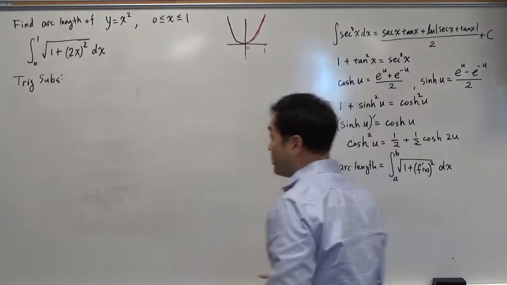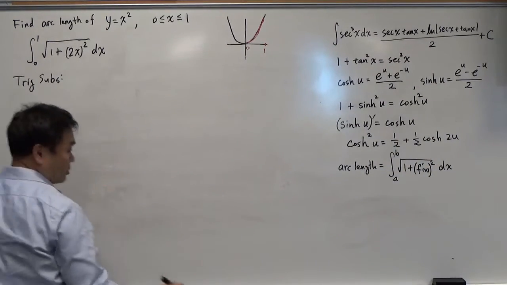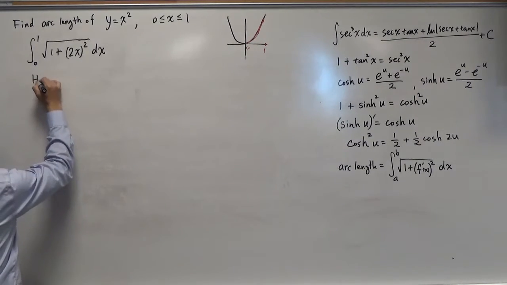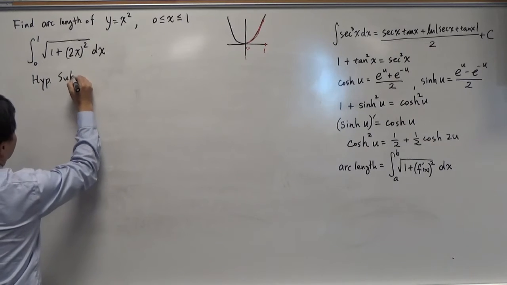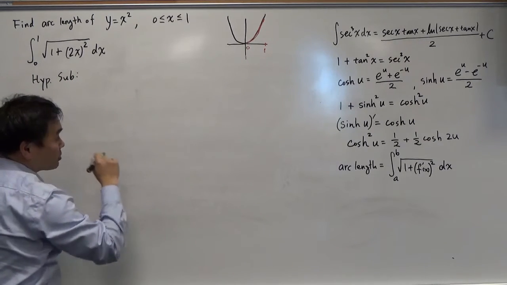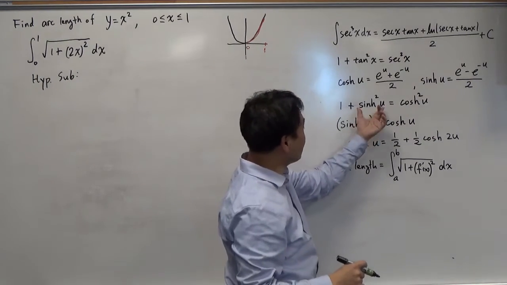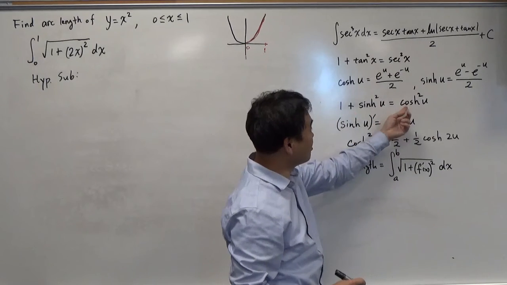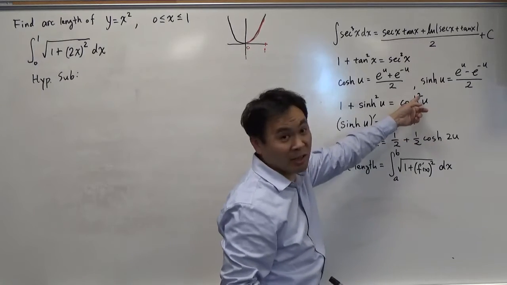And the hyperbolic substitution works like this. Again, the idea is that if you can rewrite something squared plus 1 into something else squared, then that's going to cancel the square root.